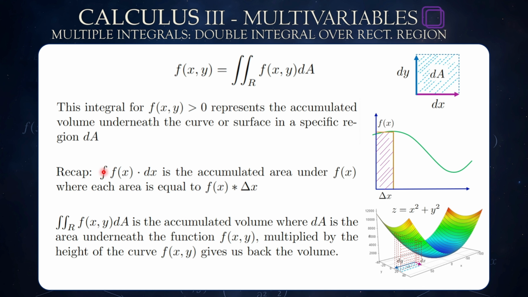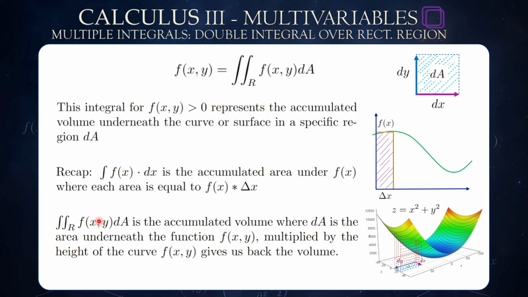Recap: the integral of f(x) dx is the accumulated area under f(x) as a curve. That's the first degree integral, where each area is equal to f(x) times delta x. That's delta x, that's f(x), so it is the area of that rectangle, almost equal to the area under the curve within this parcel, or within this slice.